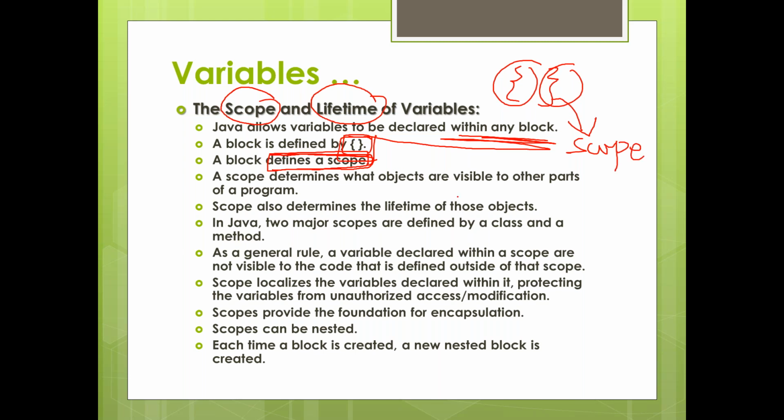We will see what the scope is. A scope determines what objects or variables are visible to other parts of your program.